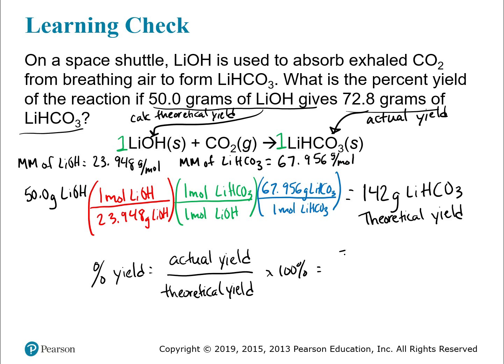The actual yield was 72.8 grams. What we calculated the yield should be was 142 grams. You divide those two numbers and multiply by 100%. You should get 51.3% for your percent yield.